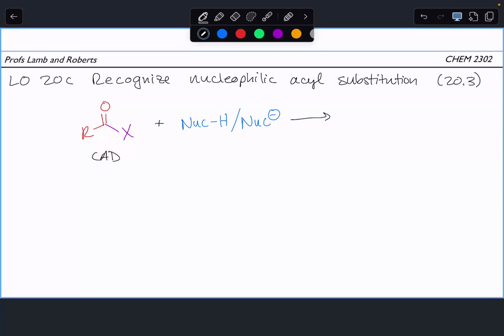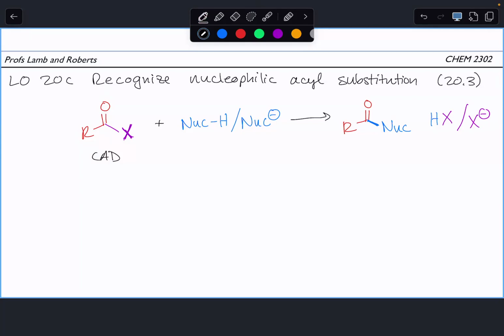The nucleophile will substitute our X group. Whatever our nucleophile is is now bound to that carbonyl carbon, and our X group has left, either as HX or X minus, depending on the conditions.